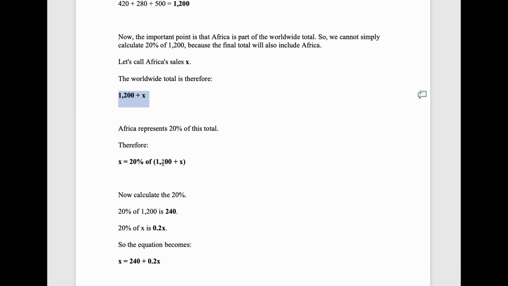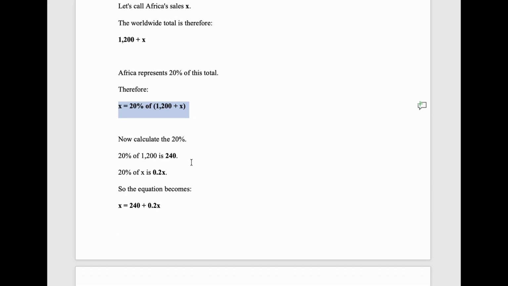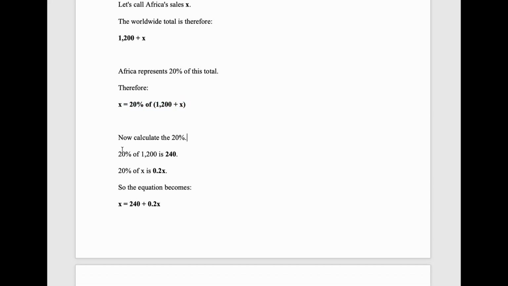So Africa represents, we know, 20% of this total. So what does it mean? It means that X, Africa, is 20% of 1,200 plus X, right? So now we have to calculate this 20%. And we know that 20% of 1,200 is 240.